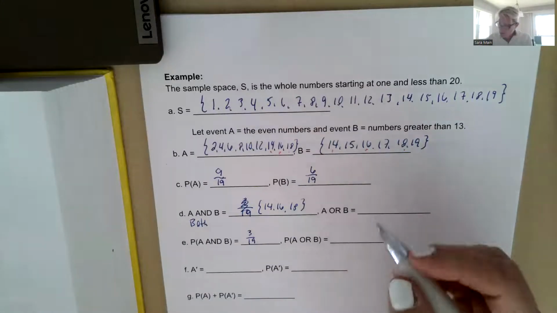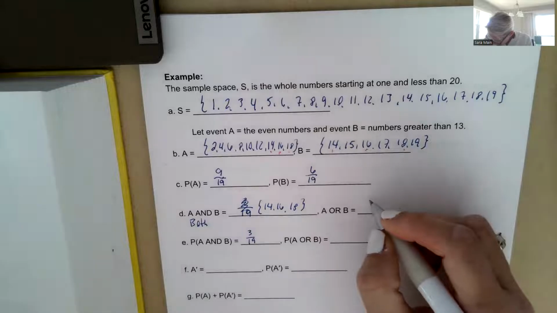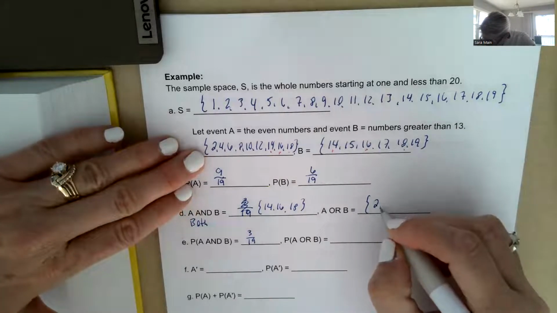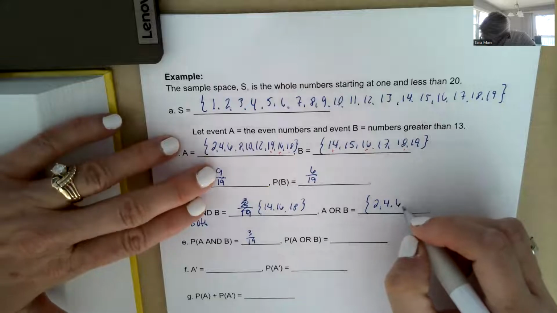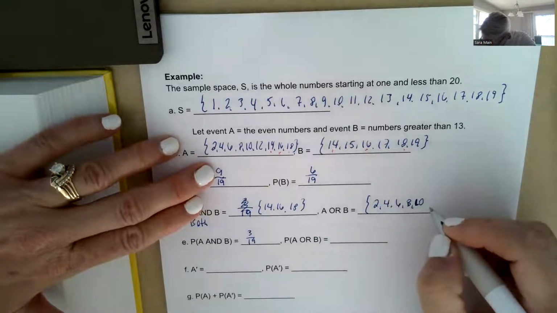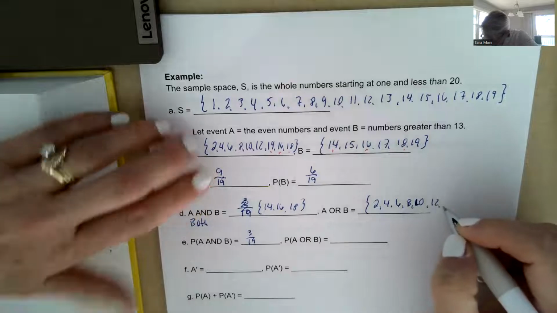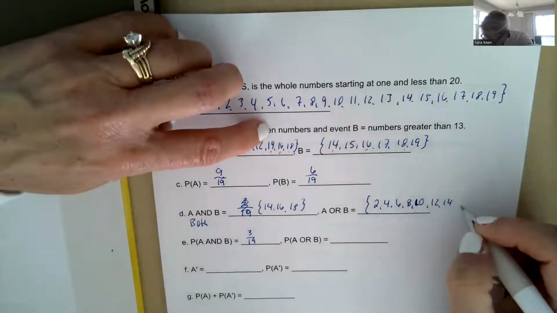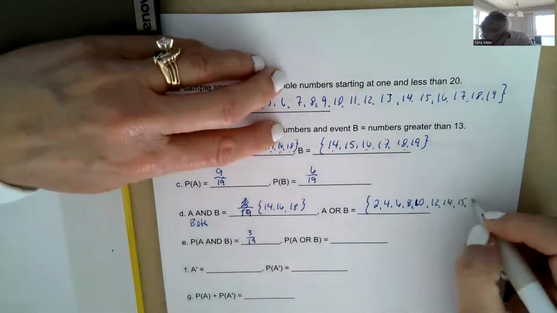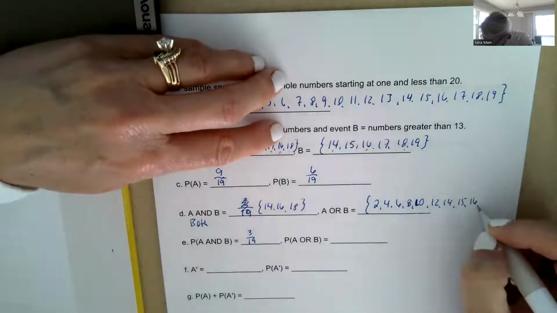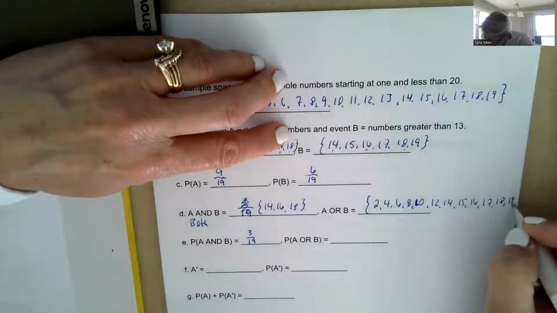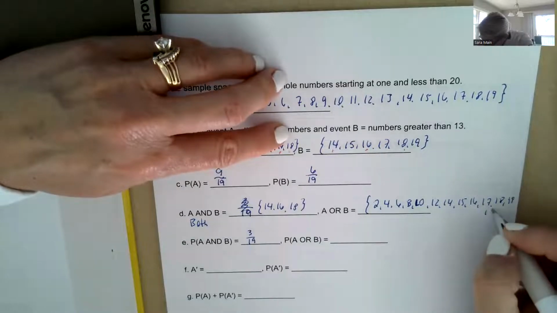A or B is we just want to list the ones that are in A or B. So A or B would be 2, 4, 6, 8, 10, 12, and now 14 only gets listed once, even though it's in both. 15, and then 16 only gets listed once. 17, 18 only gets listed once, and 19.